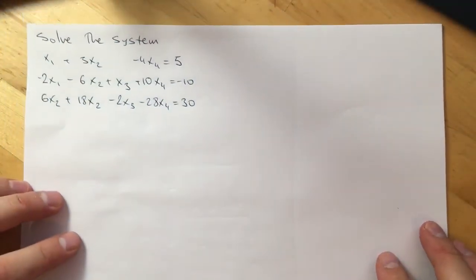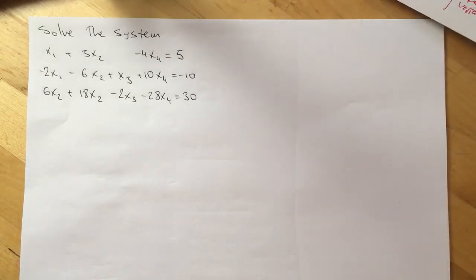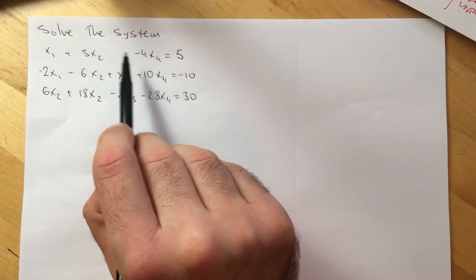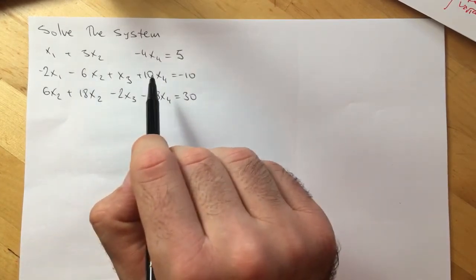If you're asked to solve a system of linear equations using the same method, well, we have done an example like this in the previous video. The only difference is that these equations here represent four-dimensional hyperplanes.